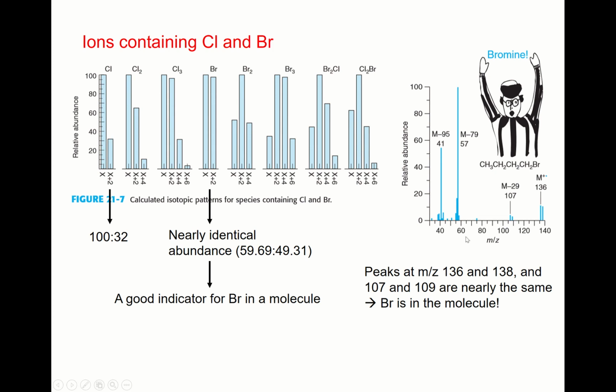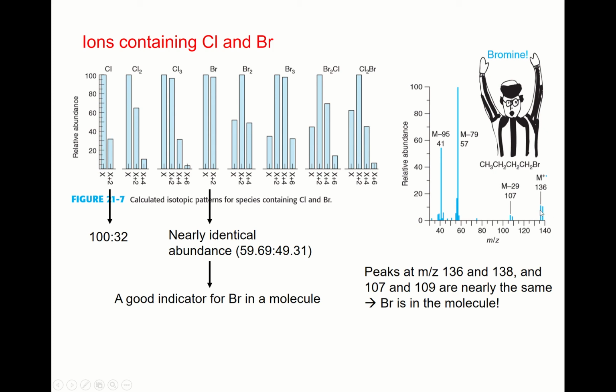Okay, let's look at this mass spectrum, and let's concentrate on these two peaks at mass-to-charge ratio 136 and 138. These two peaks are almost identical, or this one too.